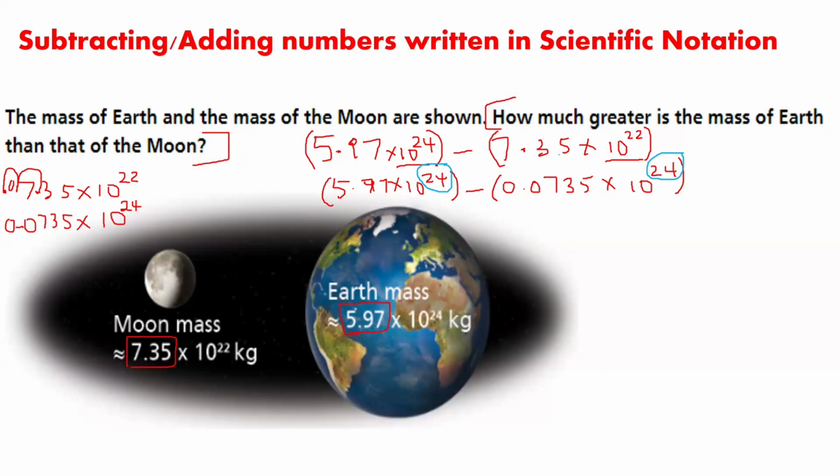Once the powers of 10 are the same, all you're going to do is to write back your power of 10 here, which is 10 raised to the 24th. And what you will do with the first two factors is to subtract those. So we are going to subtract 5.97 minus 0.0735.